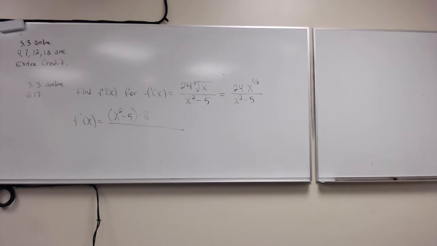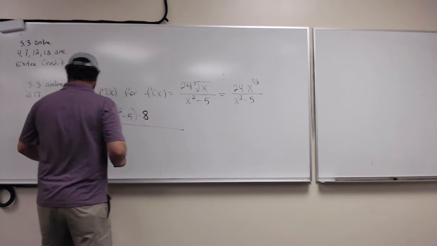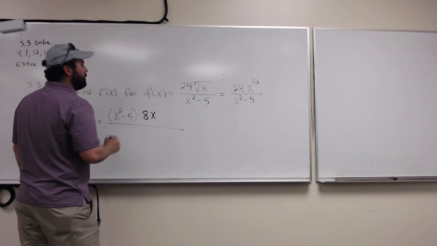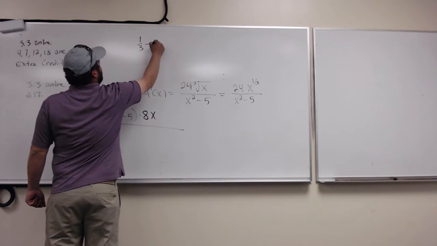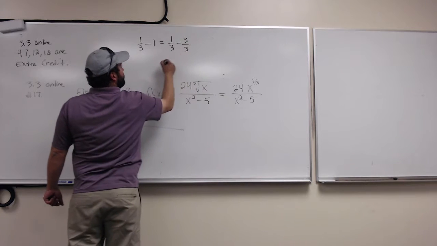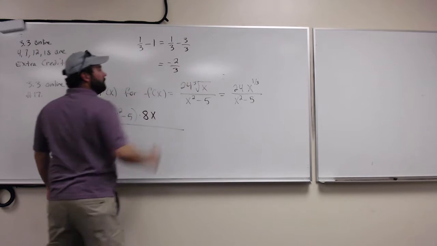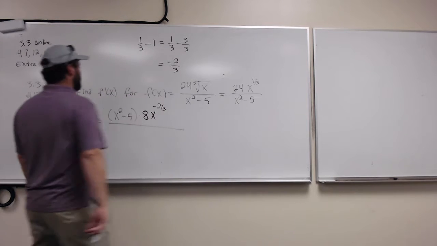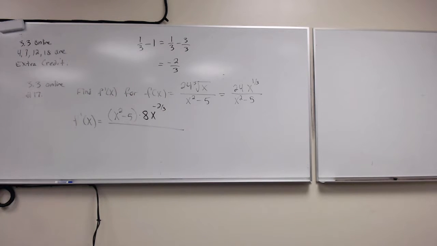1/3 of 24 is 8, and then you do x to the next lowest power. So you have to do 1/3 minus 1. That's 1/3 minus 3/3, and you'll get minus 2/3 for a power. So I did bottom function times derivative of the top.